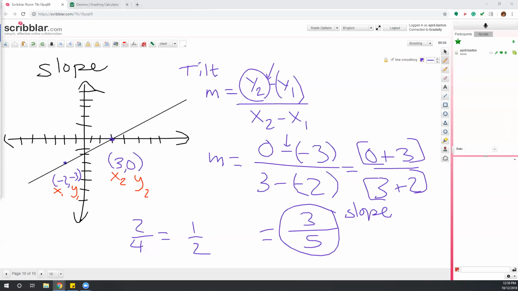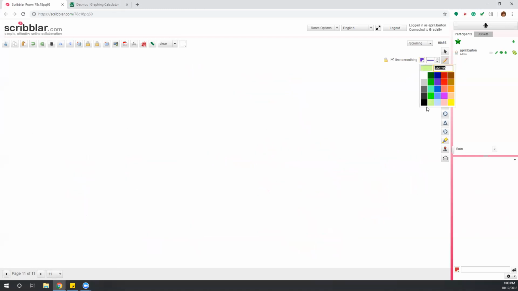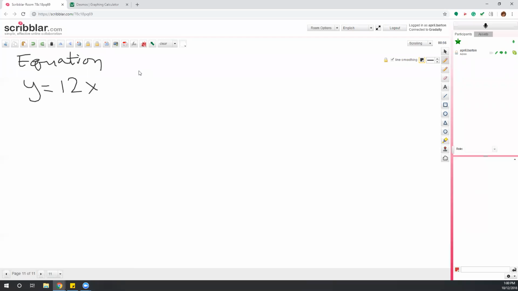Okay. So it can be represented a lot of different ways, though. So we did it with a line, an actual picture. There's 3 different ways to talk about a function that we want information about. We've seen the equation. And I'm going to go back to that y equals 12x because it's good to have a real world one.